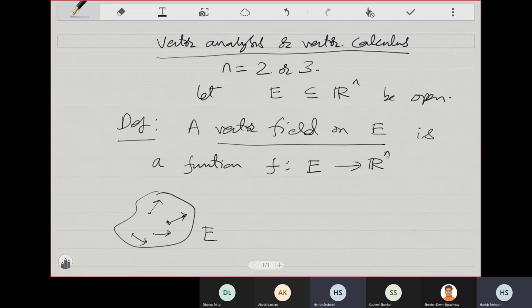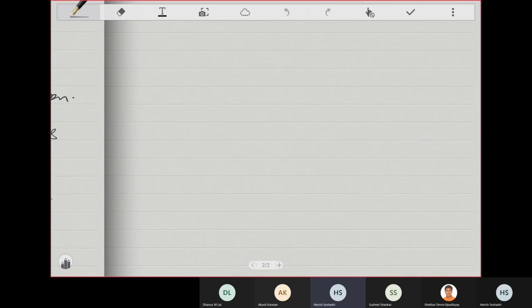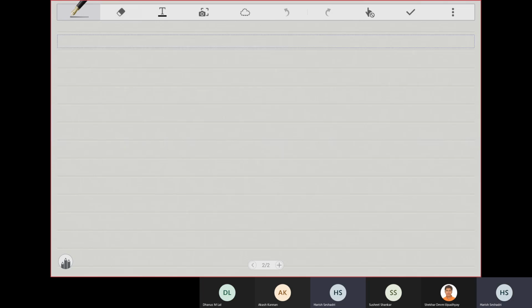The main point is that this n is the same as the n that I started with. So for an open set in Rn, the vector field will be a map to the same Rn. Usually, we require F to be at least C1, continuously differentiable. All right. So next, let's write this.